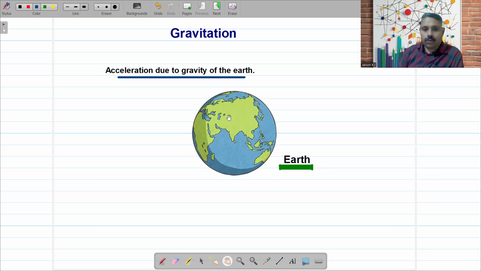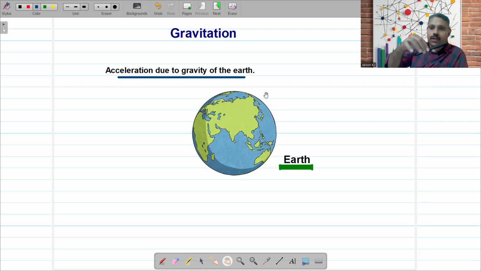Okay, so we know that Earth attracts every object, right? Earth attracts every object towards its center. So just imagine this object. When I leave my hand from this object, it will fall down, right? So it's under motion.